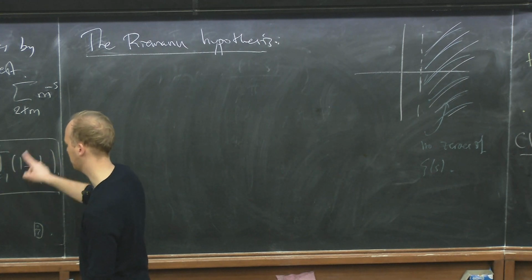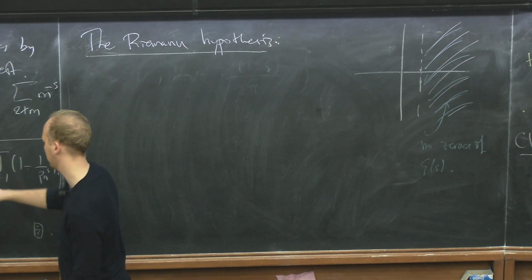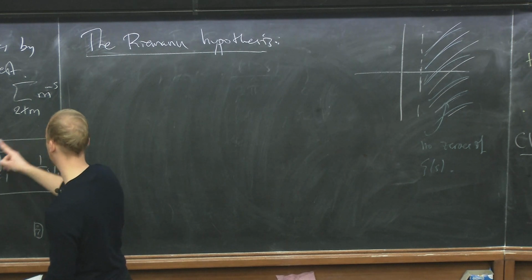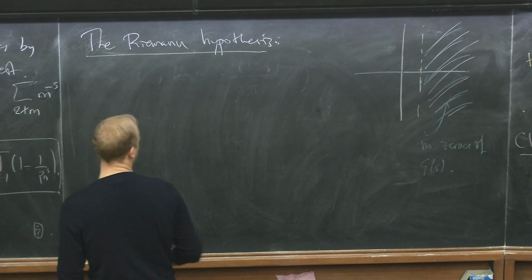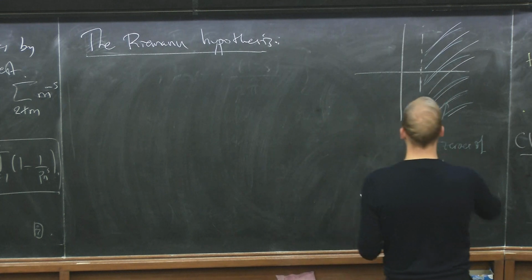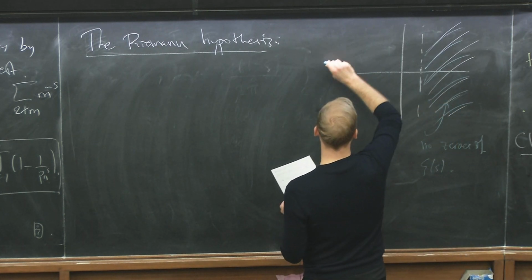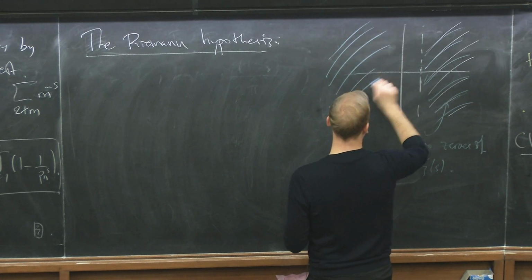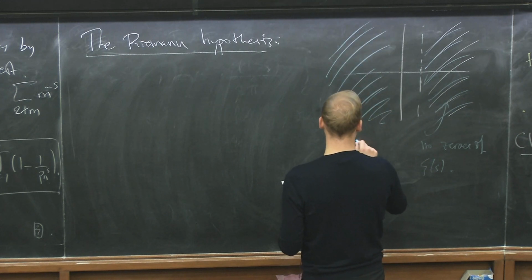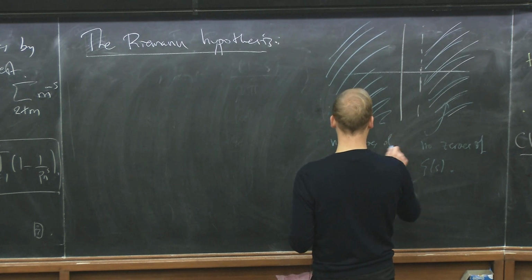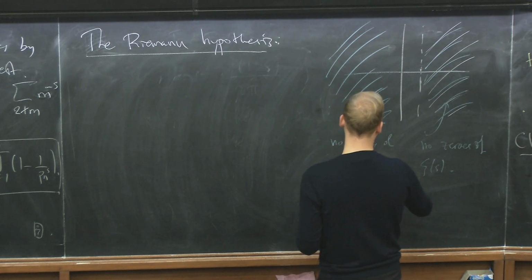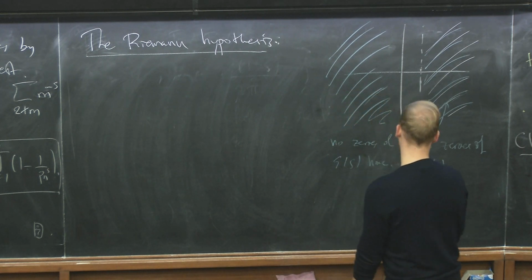Actually, this is a finite number, so it could not have a zero of zeta of s when the real part of s is greater than 1, which is when this is finite. So there are no zeros in here. You can also see by the functional equation that there are no zeros of zeta of s here.